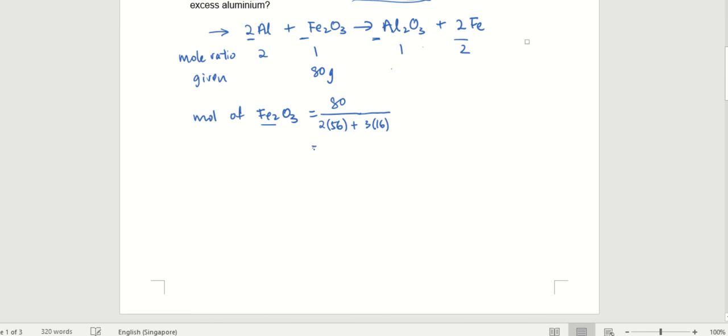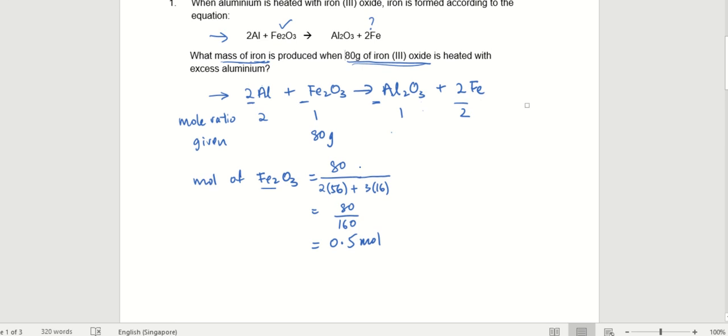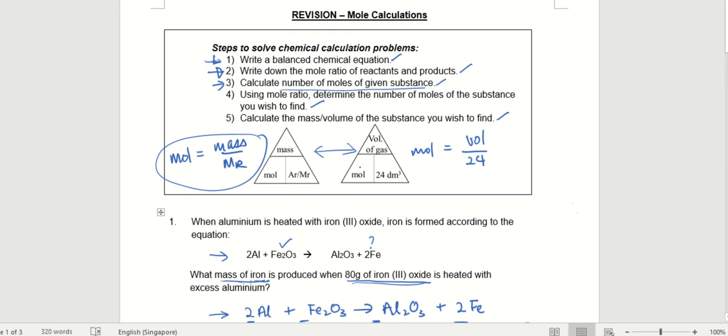This will give us 80 over 160, which means there is 0.5 mole of iron trioxide in this reaction.